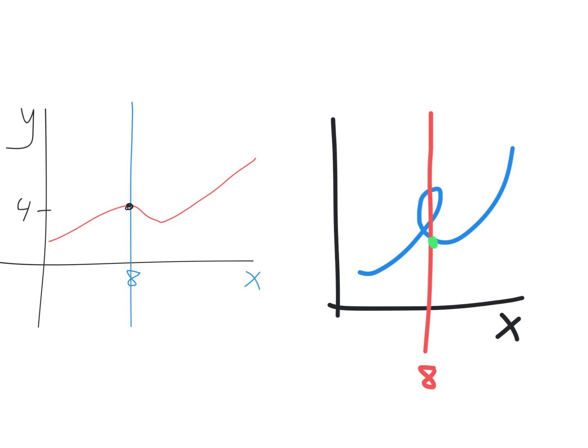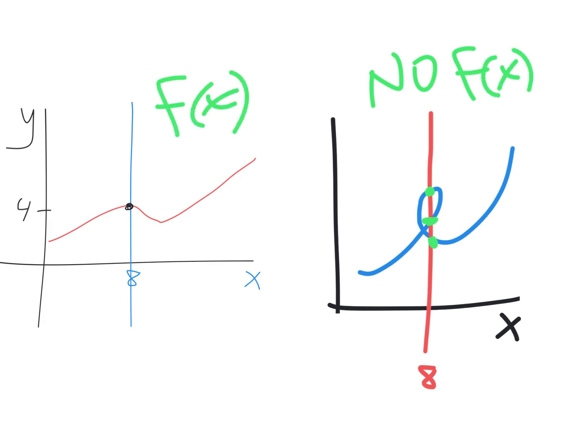Do you get it hits here, and there, and there? It did not pass the vertical line test because when you typed 8 on the little screen on the pop machine, it gave you 3 different kinds of pop. 3 outputs. This is not a function. That is no f of x. This one was an f of x. This one's a function.